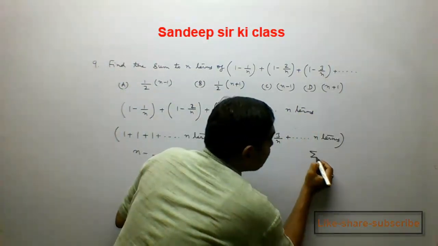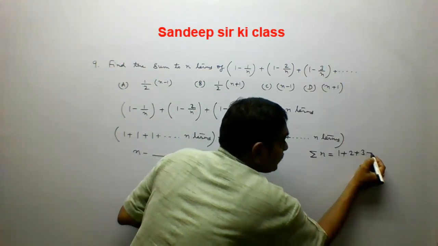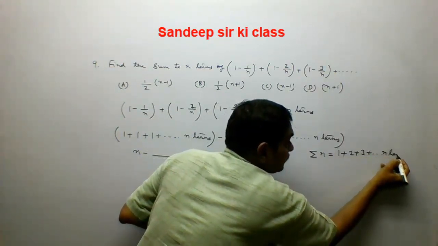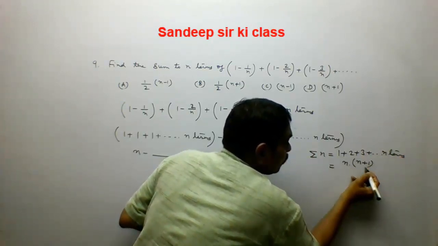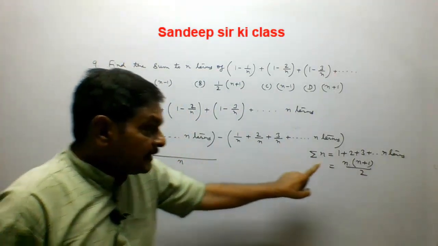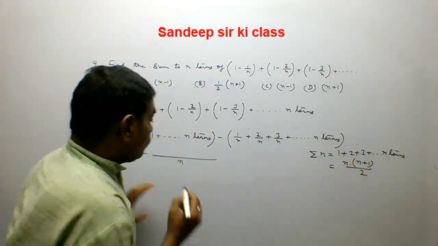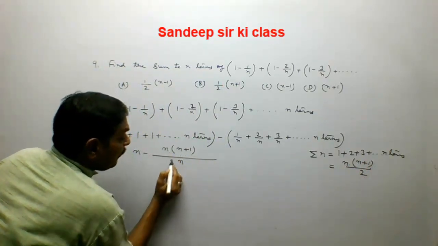And we know that sigma n, 1 plus 2 plus 3 to n terms, has the formula n into n plus 1 upon 2. So I can write the numerator as n into n plus 1 upon 2.